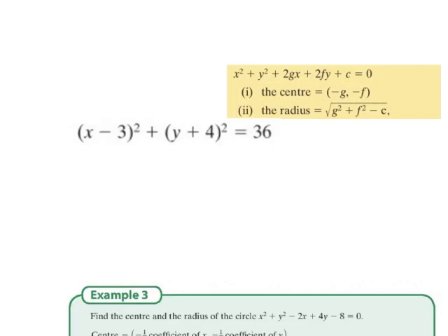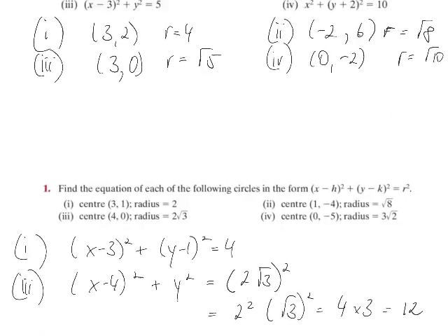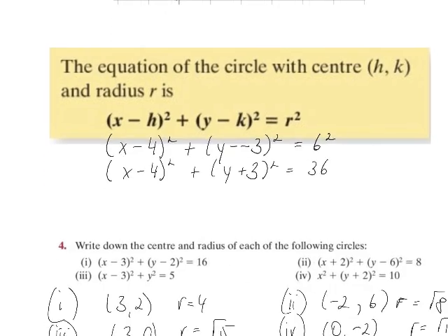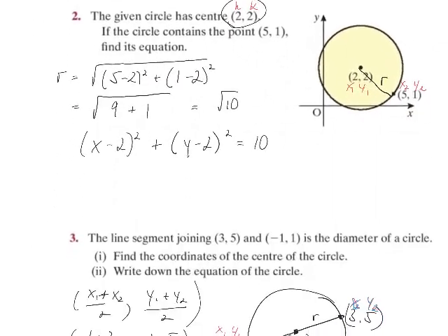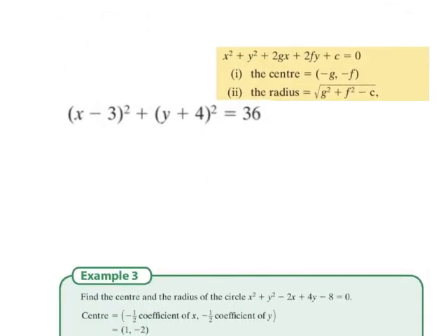So we've seen this equation of the circle if it's not around 0, 0. So (h, k) is our center, and we put it into the brackets like this. But if we multiply this out, we can see another form for the equation of the circle.